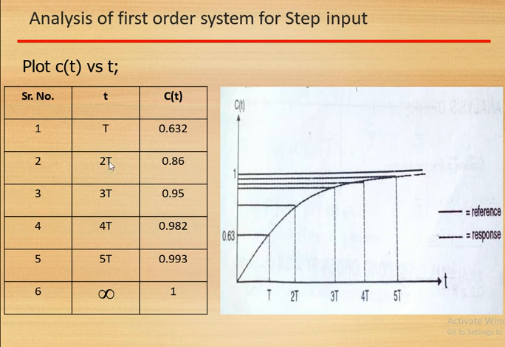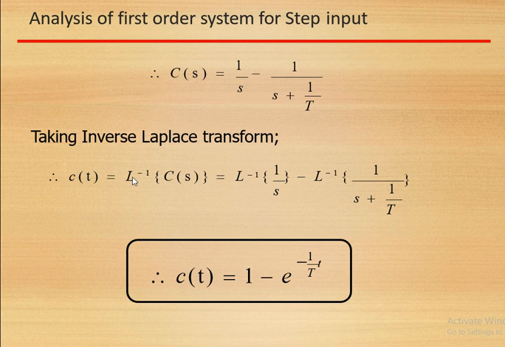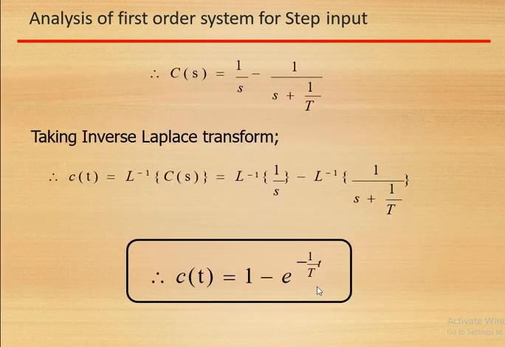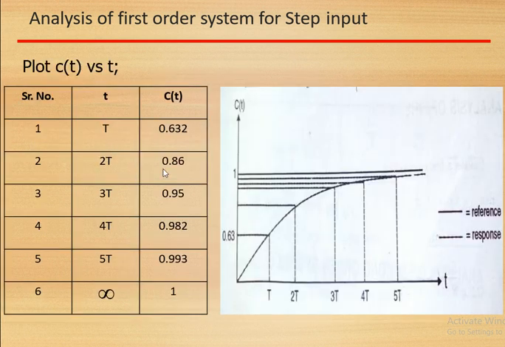Now suppose I put the value of t as 2T here, what will happen? For the actual analysis you can put in your value of t as per your application or consideration, but just to see the multiples of this T, we are discussing the values we get for those multiples. If you replace t with 2T in this equation, the value will be greater, that is 0.86.